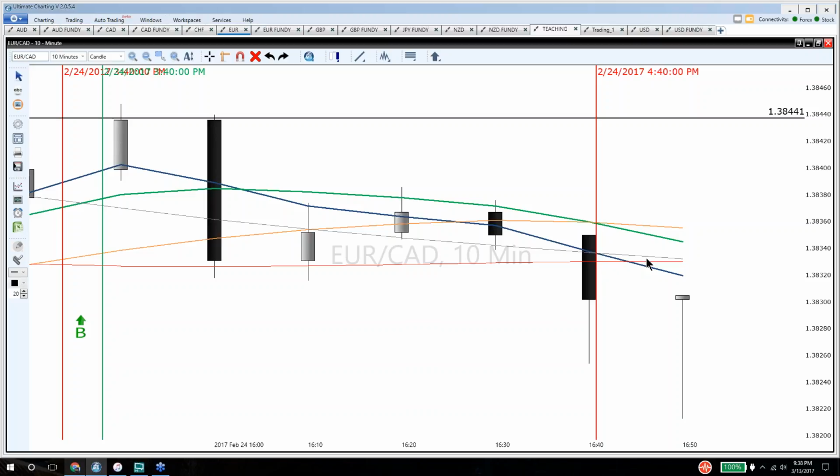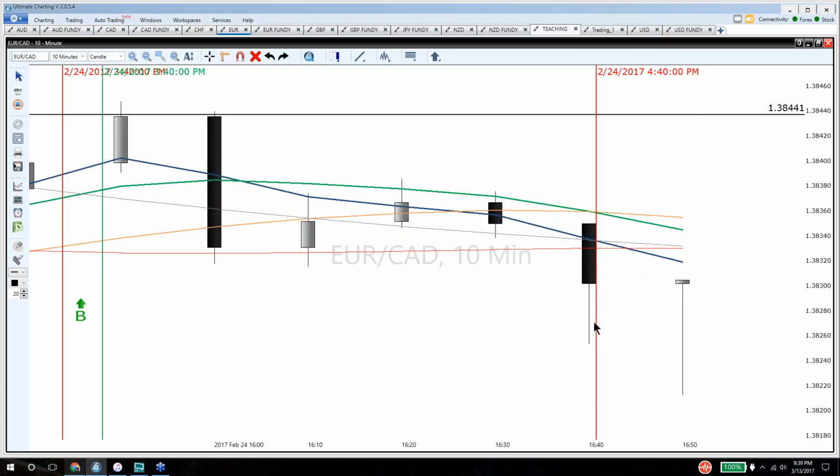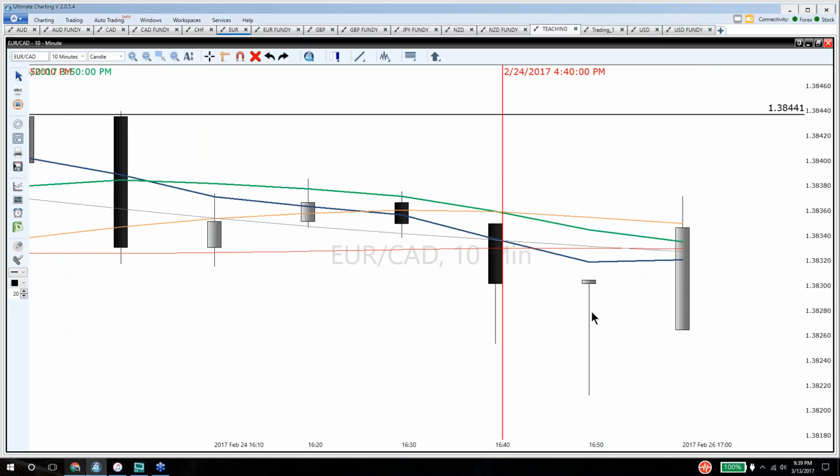But in order for me to sell it, here's still my red and black line. I only have 1 line crossing below. I'm looking for at least the green, at least 2 of them to be in the same section. Here's the next candle. You see how the green is still above the red and the black? So I have not had the cross.